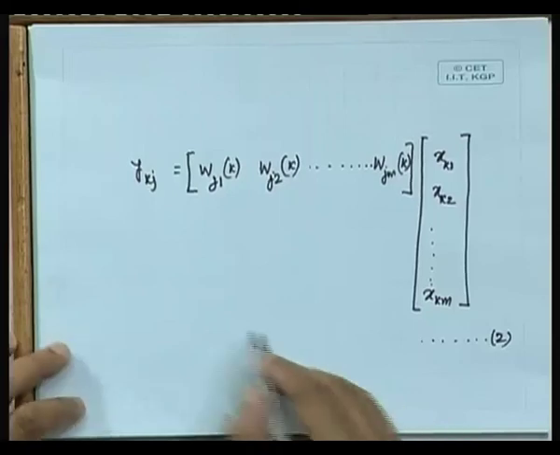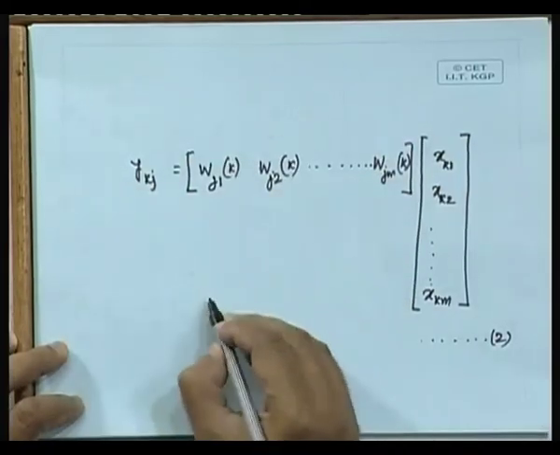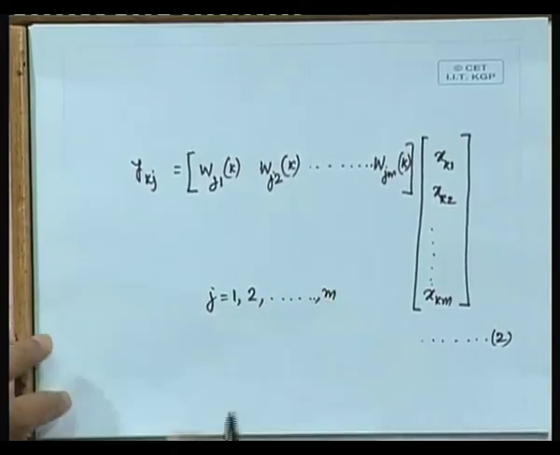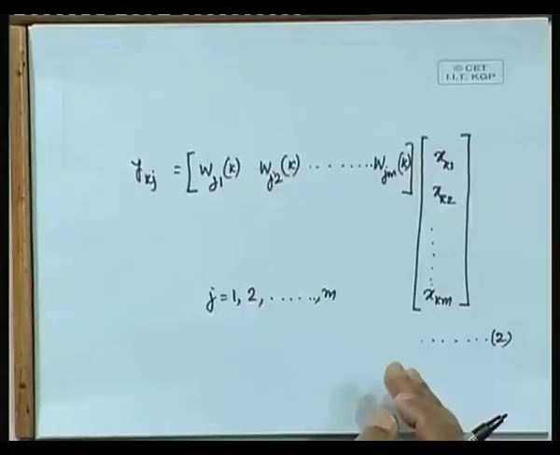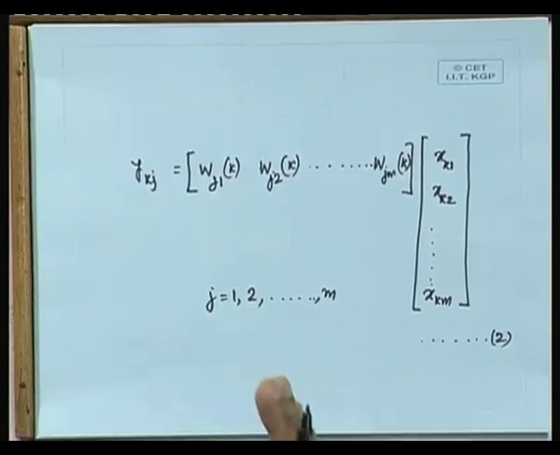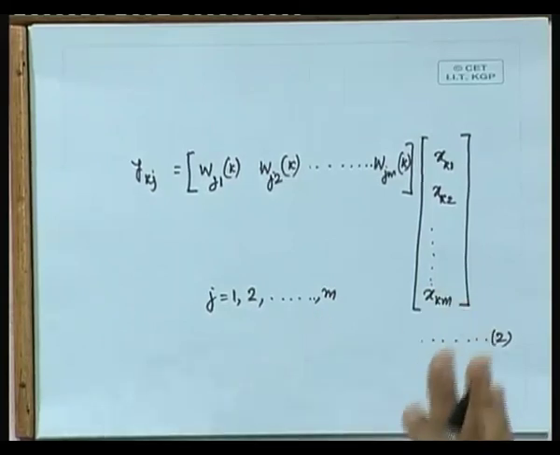Mind you that this equation will be valid for j is equal to 1, 2, etc., up to m. So if this is valid for j equal to 1, 2, up to m, it is possible for us to write down m such equations. We can write yk1 is equal to w11, w12 up to w1m, yk2 will be equal to w21, w22, etc., up to this.